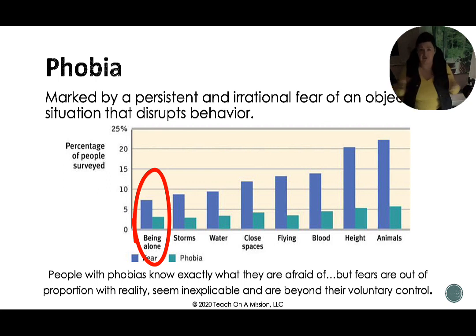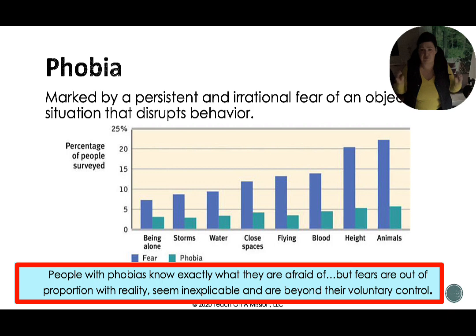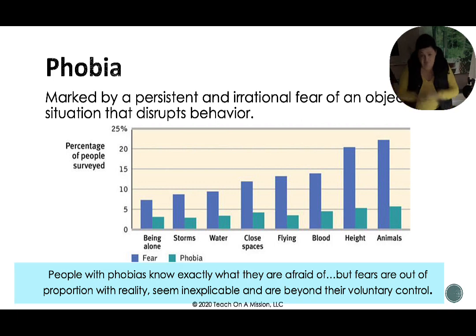Everything gets blown out of proportion, reality seems inexplicable, and you lose voluntary control of your emotions. You're afraid. I'm not lying about it, right? I really can't control it. So it's important for you to get these kinds of phobias down.